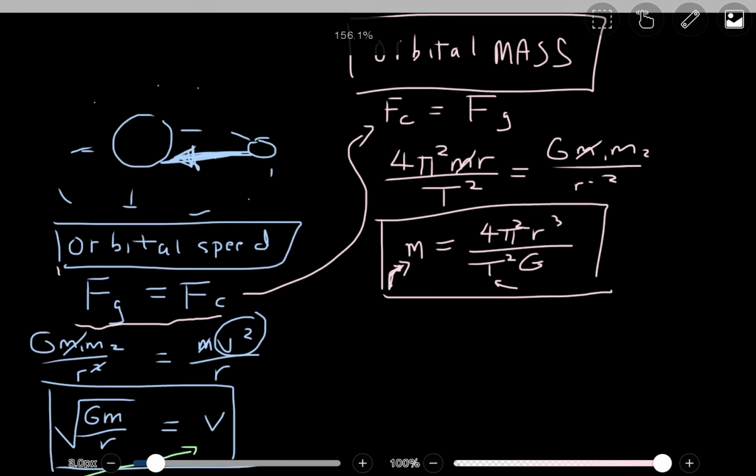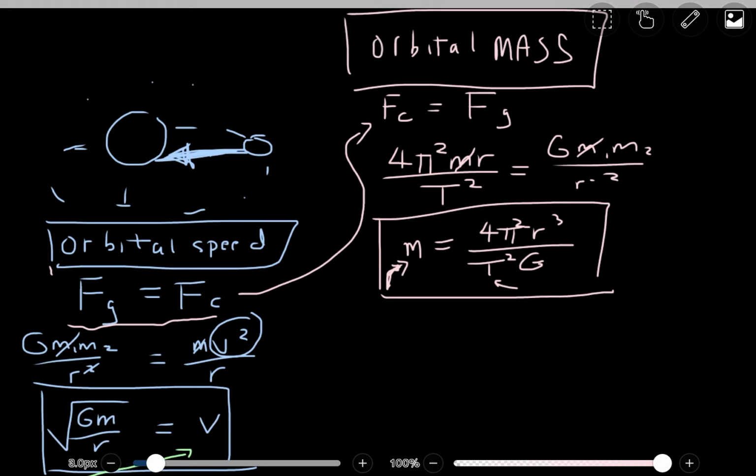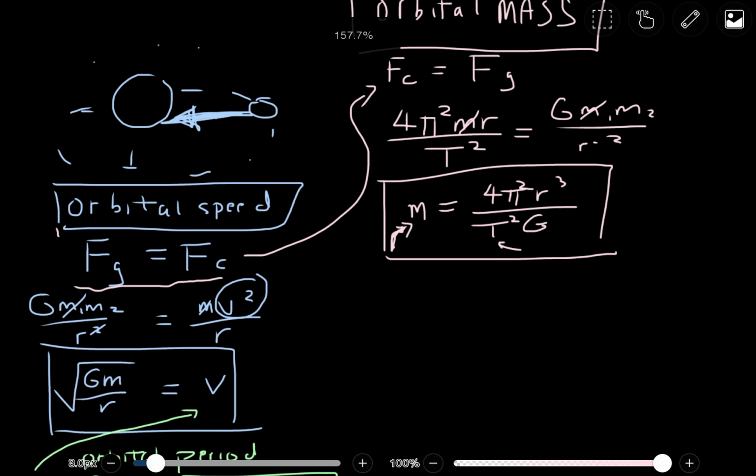So just something I want to point out, especially here, we have seen how we have orbital speed and orbital mass and all this stuff, and it looks a little complicated, got different equations going on. But in the end, you're still using this grand equation here, and then you're deriving what you need out of it by manipulating what you substitute for centripetal force.